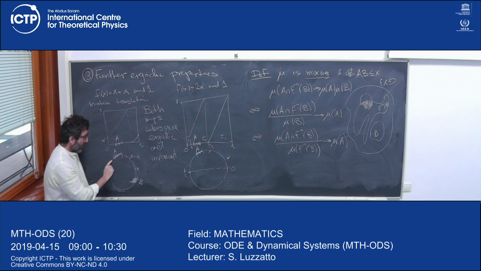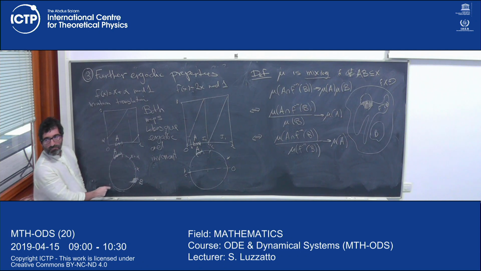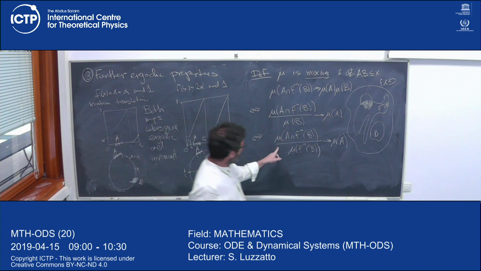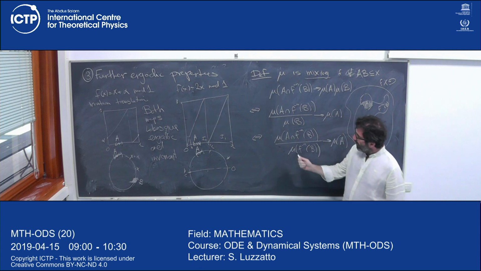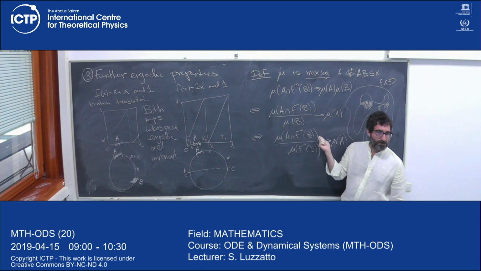Sometimes it will intersect A and sometimes it will not intersect A, if these are small. So sometimes this will be 0 here. Many times this will be 0. Sometimes it may be close to 1.